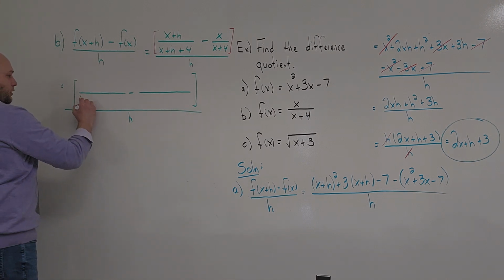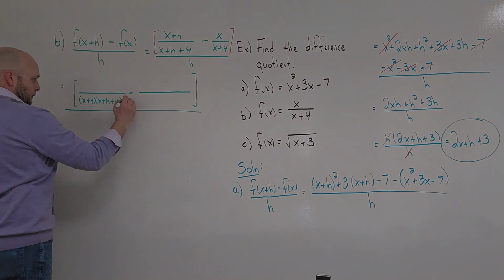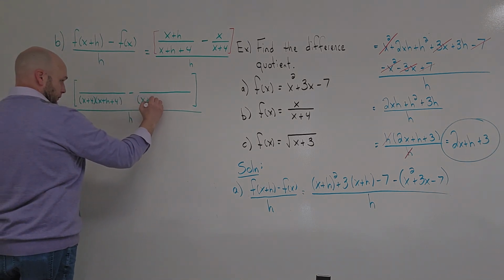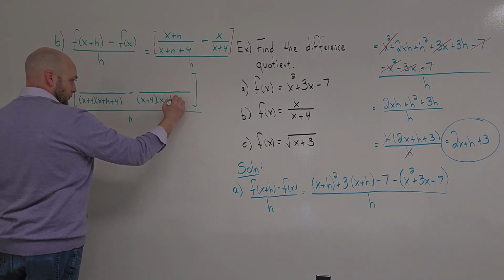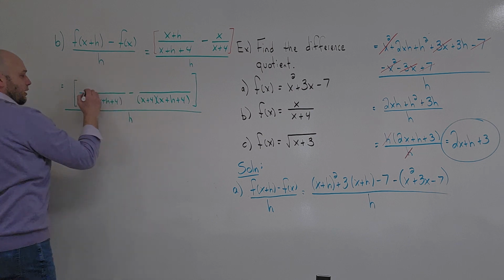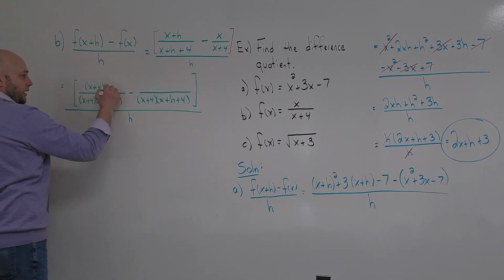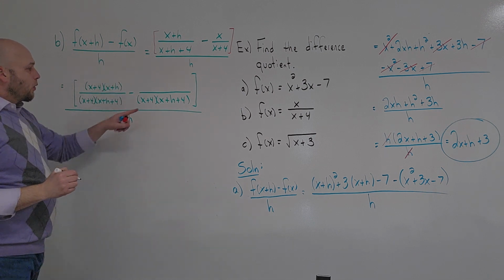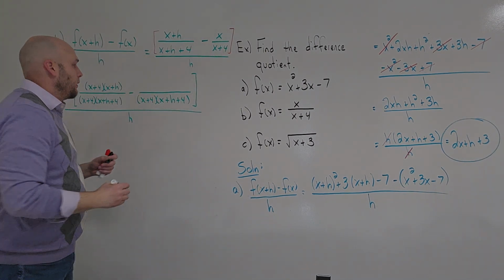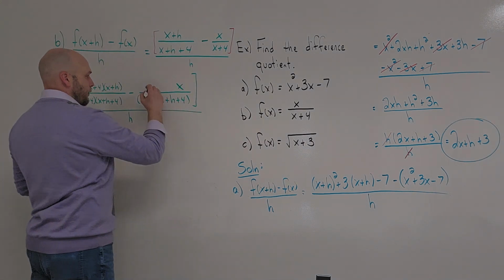That would be x plus 4 times x plus h plus 4. In order to keep this fraction balanced, whatever factor I put in the bottom, I'm also going to have to put on top. I already had an x plus h there, and I put in a factor of x plus 4 in the bottom, so I have to have both of those factors on top. Over here, I had an x already, and I put in the factor of x plus h plus 4.